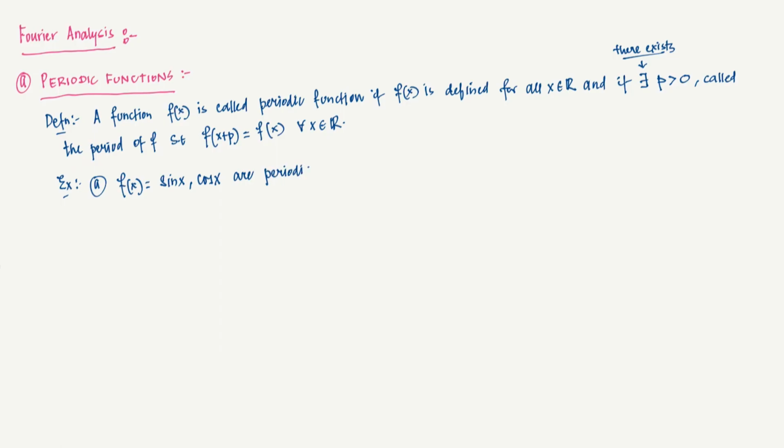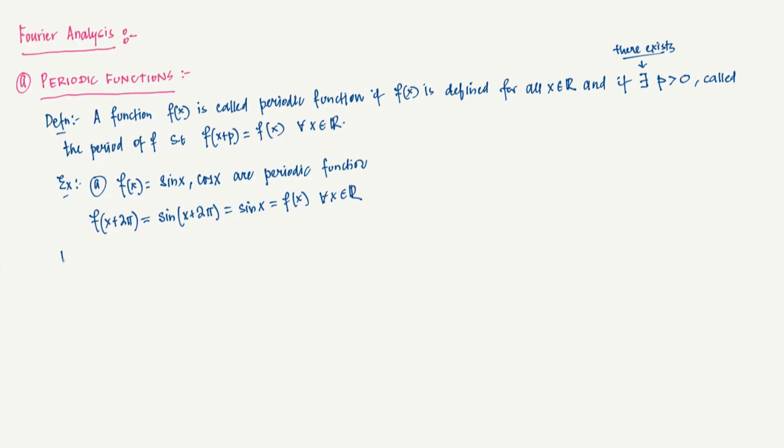If you have f of x plus 2 pi, after 2 pi the function repeats itself. Sine of x plus 2 pi is again sine of x, which is f of x, and this holds for all x in R.